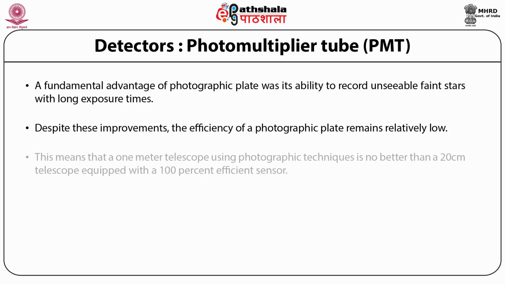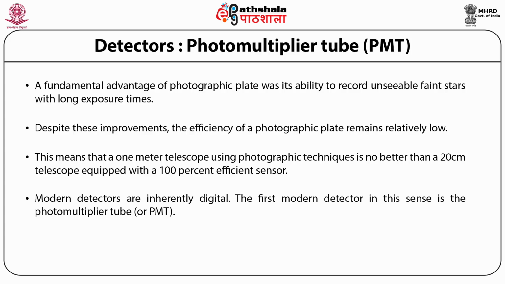This means that a 1 meter telescope using photographic techniques is no better than a 20 centimeter telescope equipped with a 100% efficient sensor. We can therefore understand why astronomers continue to seek a better sensor than the 3 to 4% efficient photographic plate. Modern detectors are inherently digital.